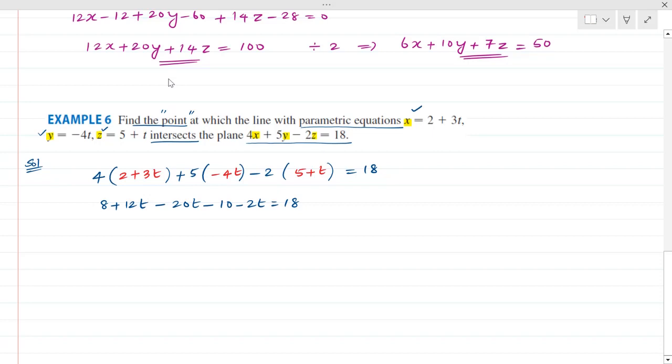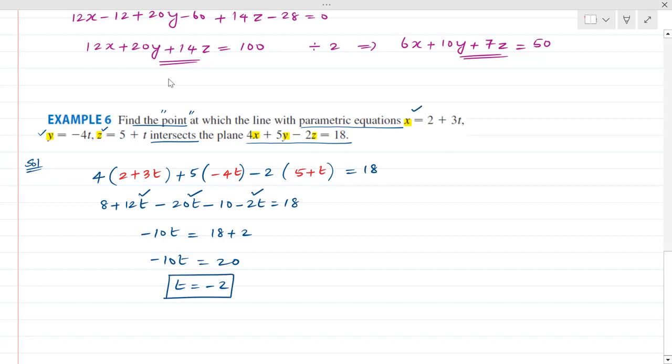Now if you simplify, 8 minus 10 is minus 2, and we get minus 10t minus 2 equal 18. If you move it to the other side, it becomes plus 2. 18 plus 2, so minus 10t equal 20. t is equal to minus 2. So I got it. The t value is equal to minus 2.